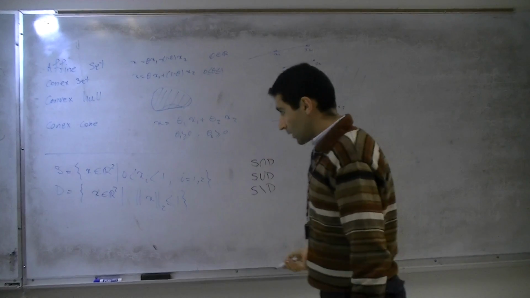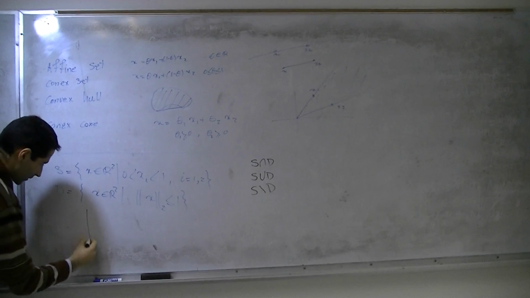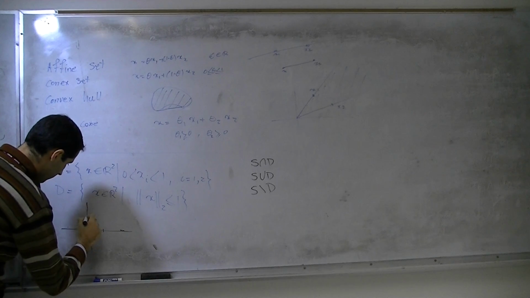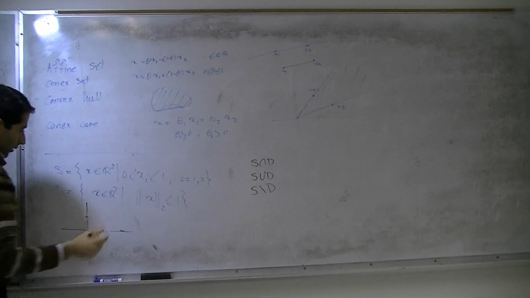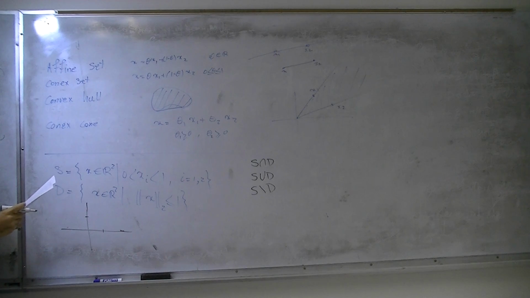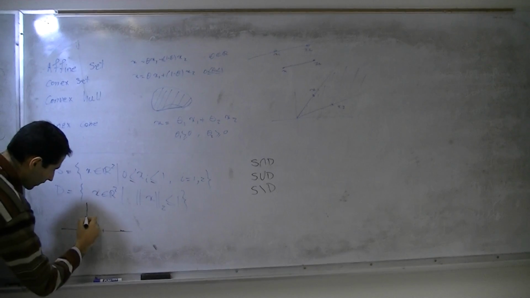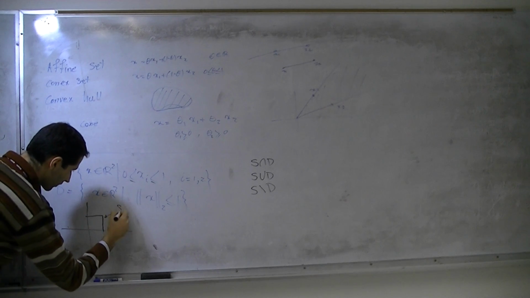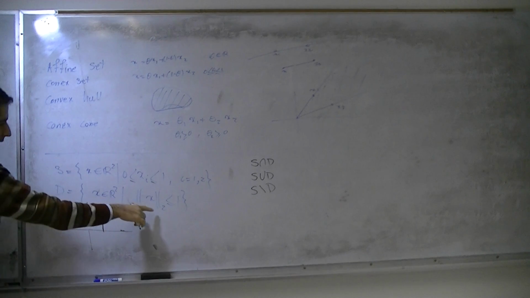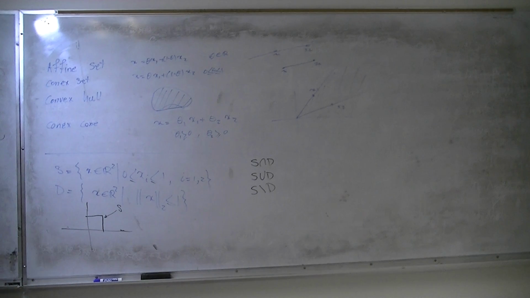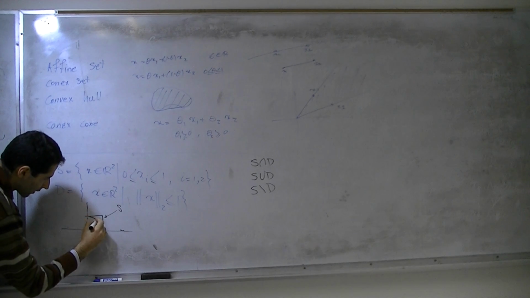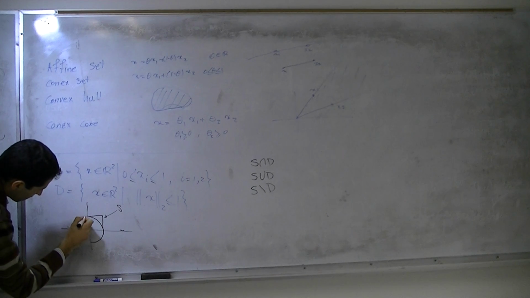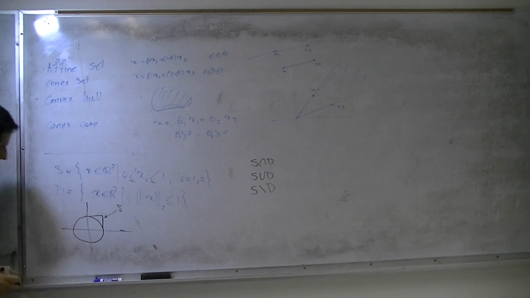Okay, let's draw some picture. S is this square here, and D is the norm 2 of x less than or equal to 1. It's a circle.